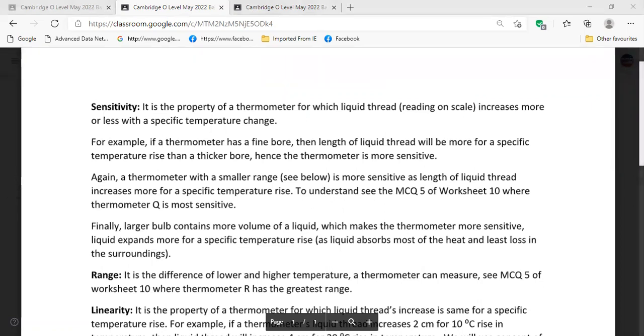I am saying to copy only this part. Then I will discuss again about some other factors, then I will give you the notes. Is it clear? Yes, sir. Okay, write only this part.